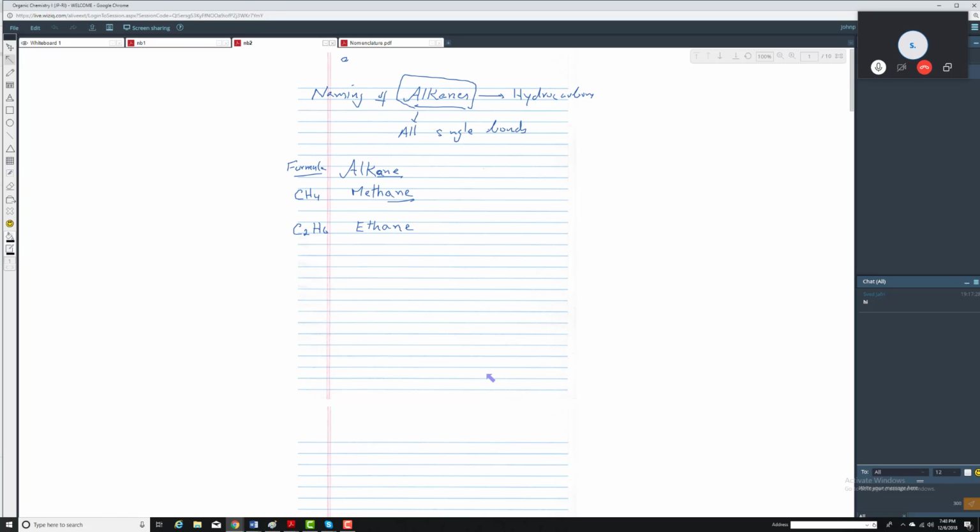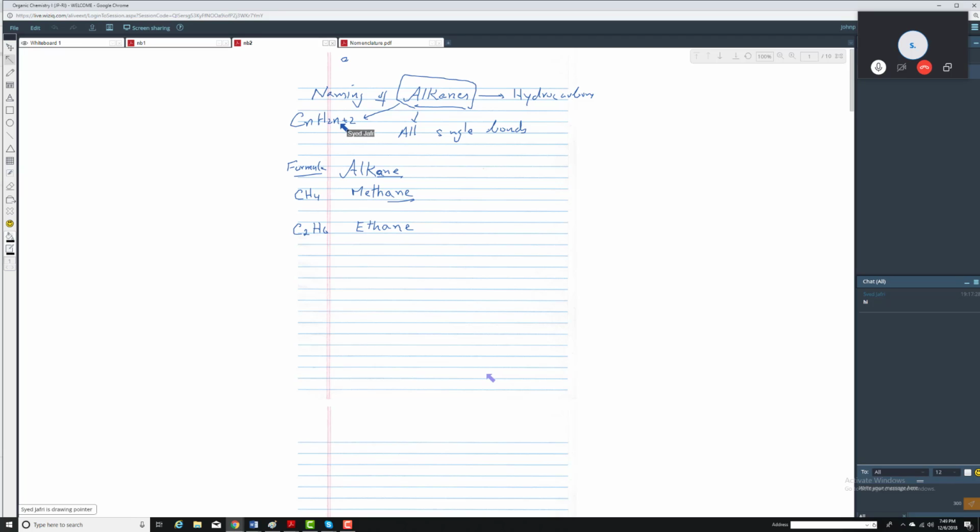Ethane. Now look, I'm giving the general formula. The general formula of alkane is CnH2n+2, where n is the number of carbon atoms. For example, if n is equal to 1, you have 1 carbon atom.